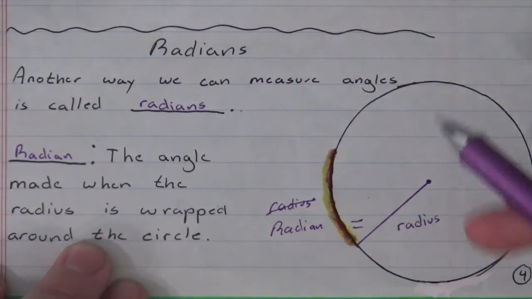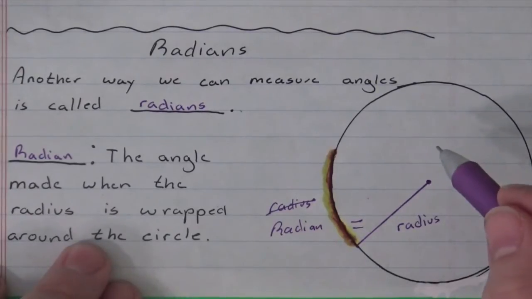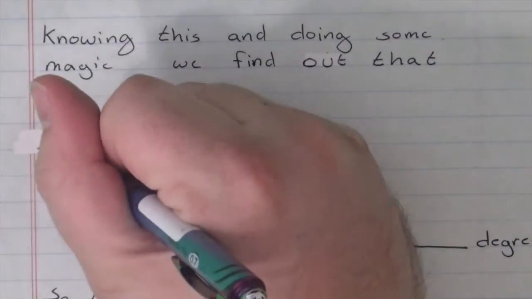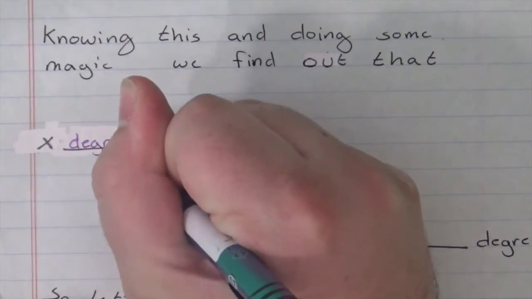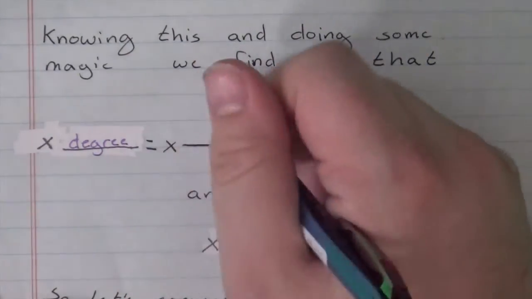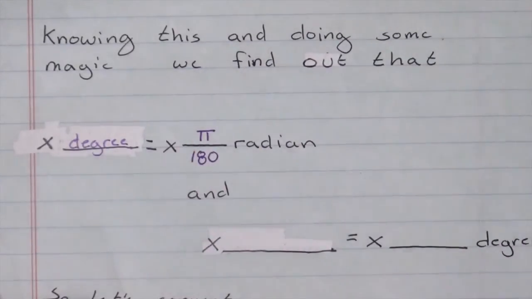That's what that means. Now, knowing this, we can actually do some mathematical magic, and we find out that x degrees is equal to x times pi over 180 radians.